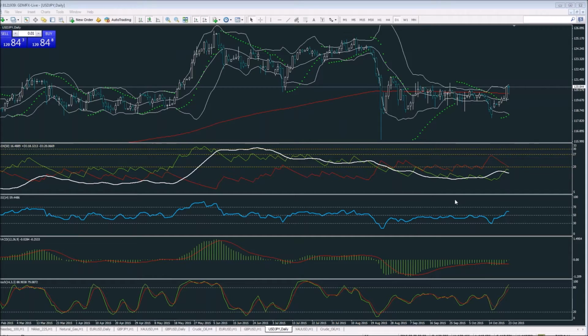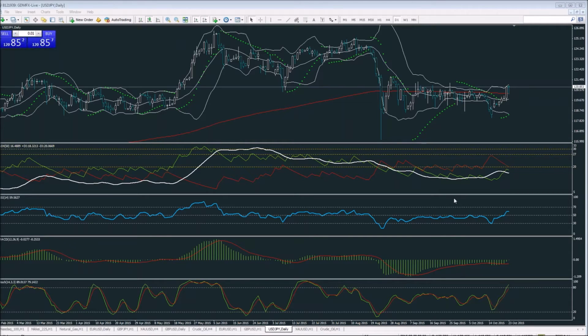And the trading style, which is mostly recommended for this pair, is like the previous strategies that we mentioned when we spoke about GBPUSD. This would be day trading or swing trading.